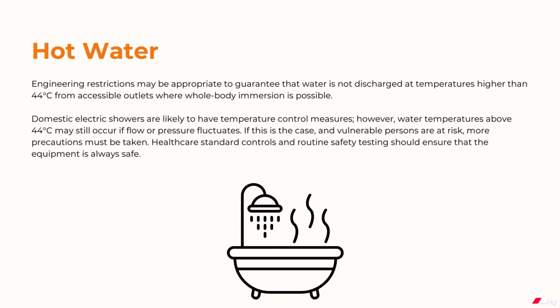However, water temperatures above 44 degrees Celsius may still occur if flow or pressure fluctuates. If this is the case and vulnerable persons are at risk, more precautions must be taken. Healthcare standard controls and routine safety testing should ensure that the equipment is always safe.